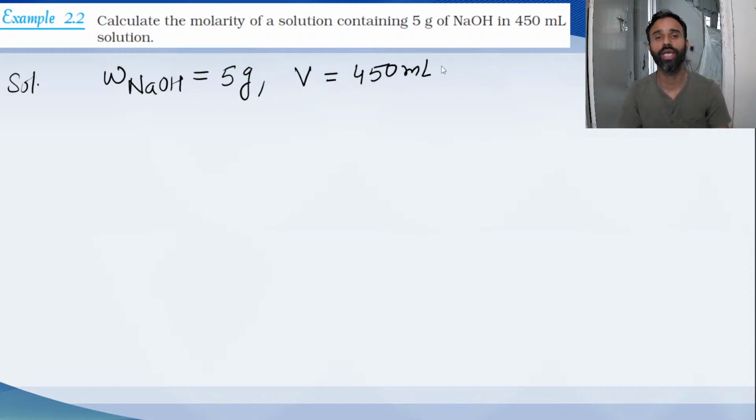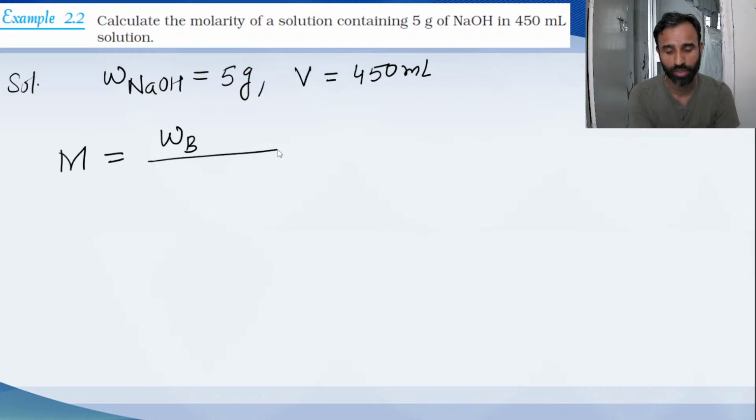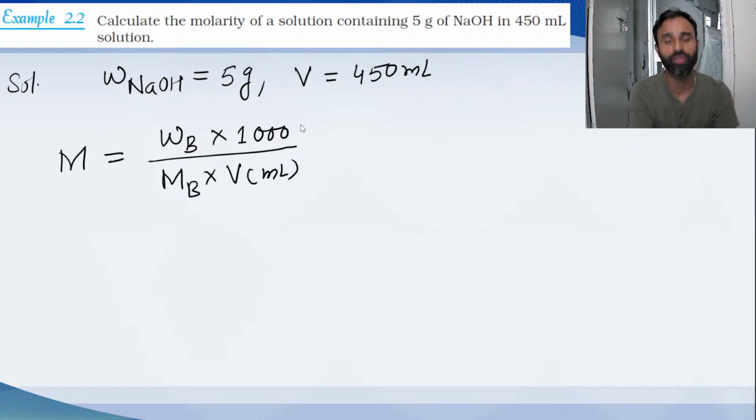Now by using these two, mass of sodium hydroxide and volume of solution, we can calculate molarity. So molarity is equal to, what is the formula? Weight of solute over molecular weight of solute into volume of solution. If it is in ml, then it is multiplied by 1000. This is the formula used.